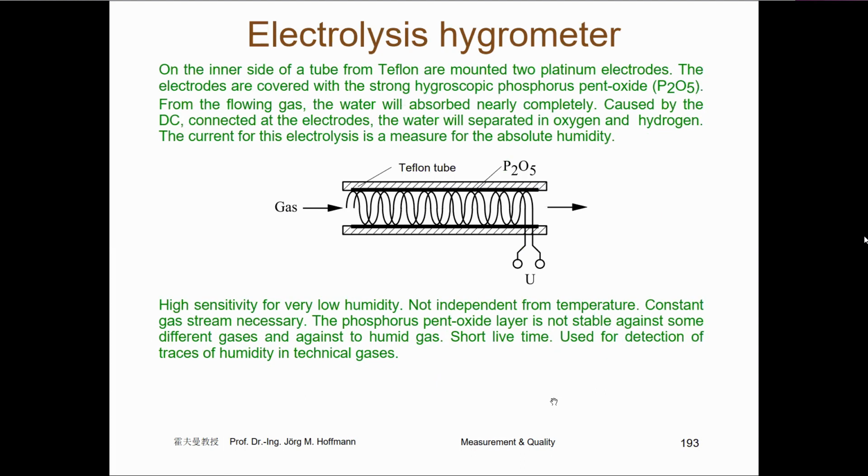Okay, then we have the electrolysis hygrometer. That is, let me say, nearly the same principle. You have a hygroscopic material, P2O5, in a tube, which is covered on the tube.